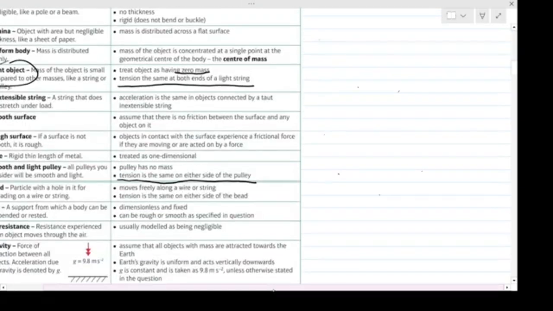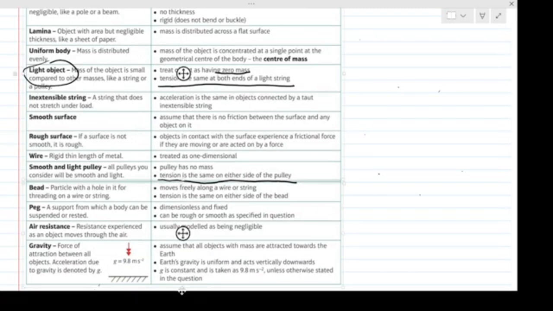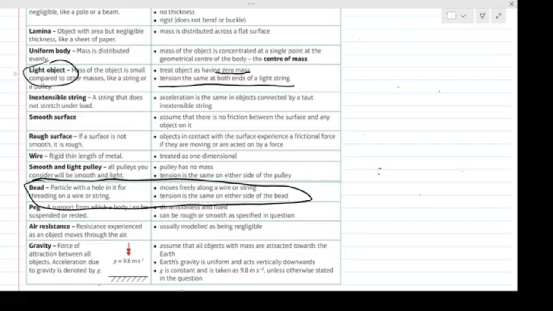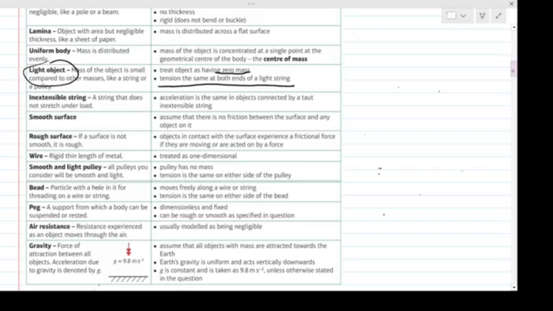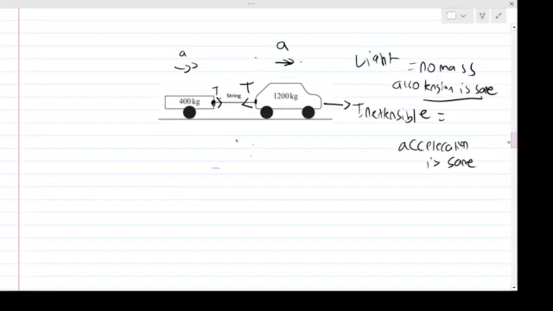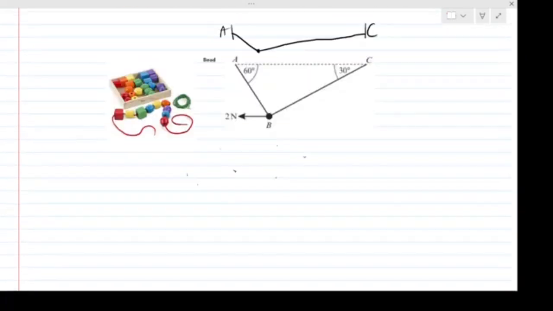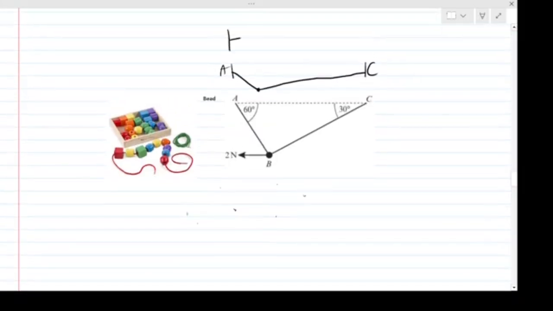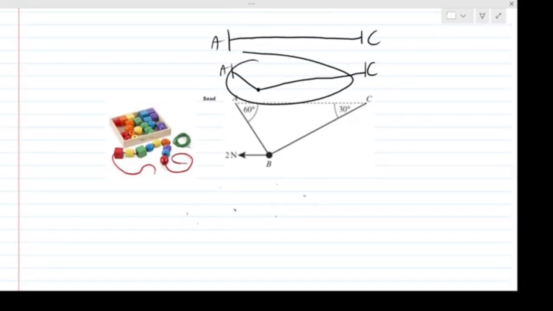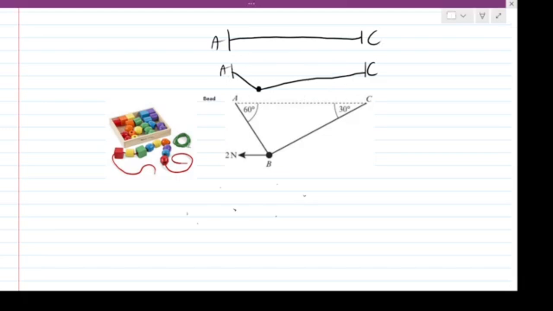And the assumption with a bead here: it's a particle with a hole in it, so it's basically a particle, and it moves throughout the string, and the tension is the same on either side of the bead. Again, this idea about tension being equal on either side of it. As we discussed initially, the rope is flat with nothing on it from A to C. Then in this example, we have this particle here that's pulling the string down.